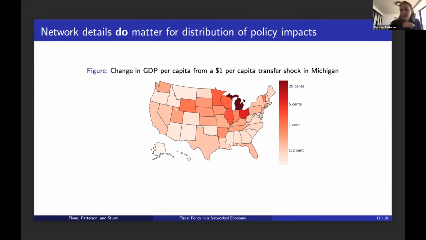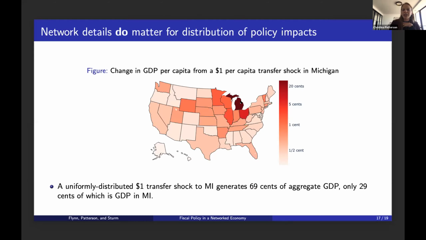What we see is that the effect is largest in Michigan, but the total effect is a 69-cent increase in output, and only 29 cents of that, we estimate, is in Michigan itself, which is less than half. These spillovers are coming from both firms in Michigan using inputs from other states, and also from workers in Michigan buying goods in other states, and then those initial purchases working their way through the network in the other states as well.